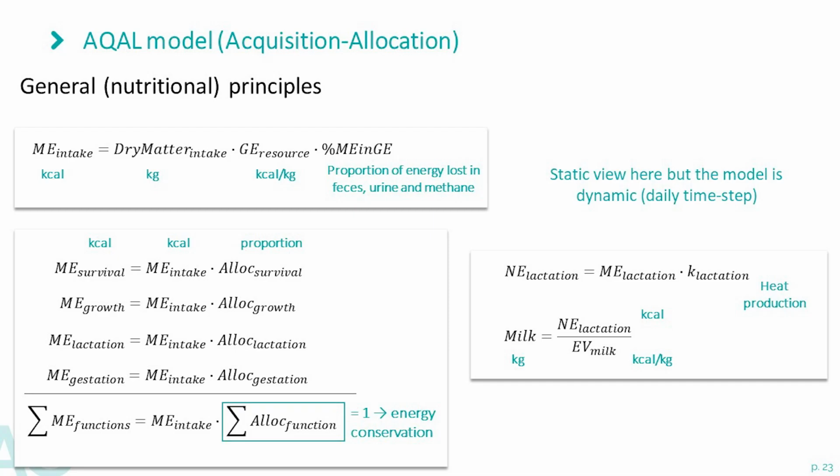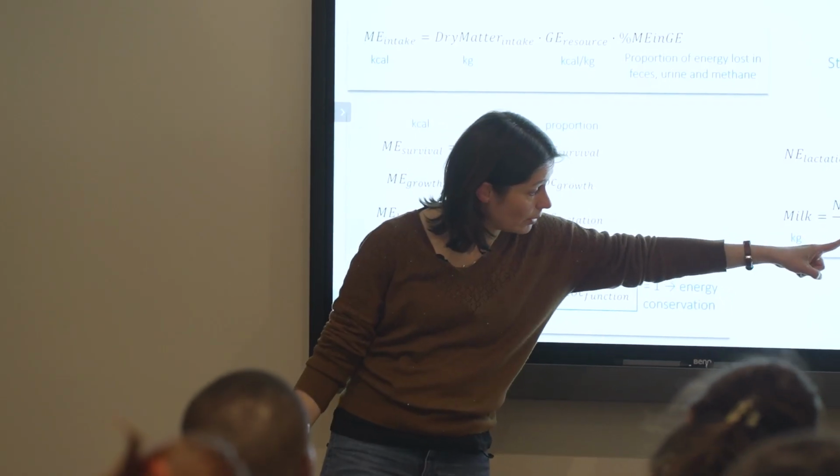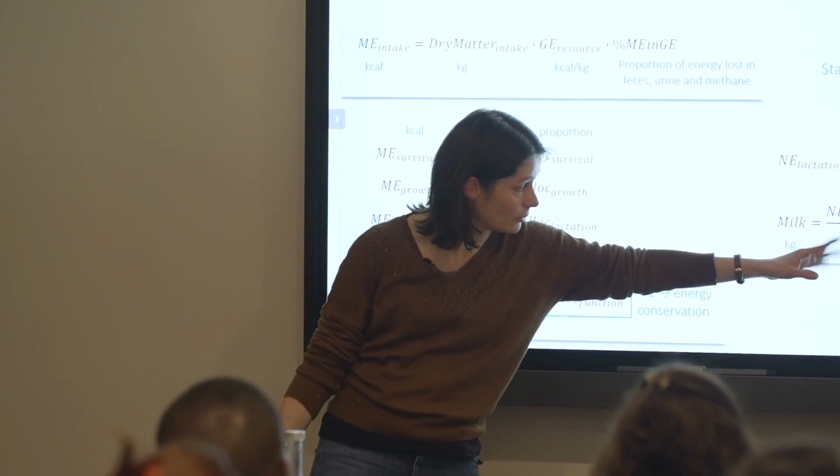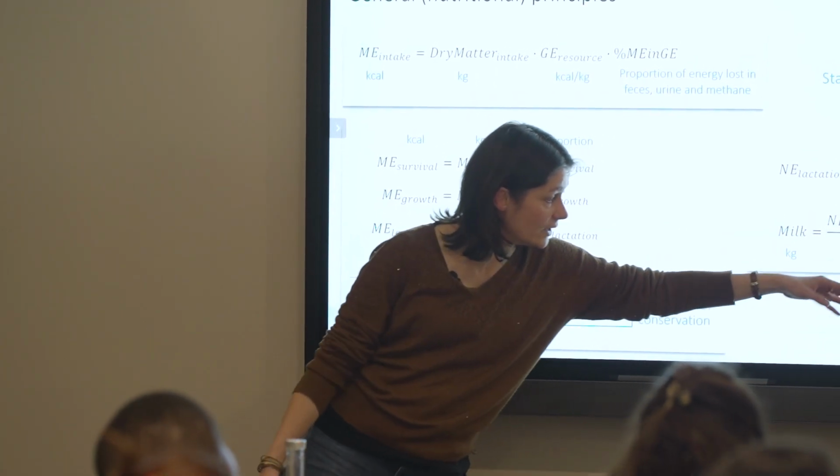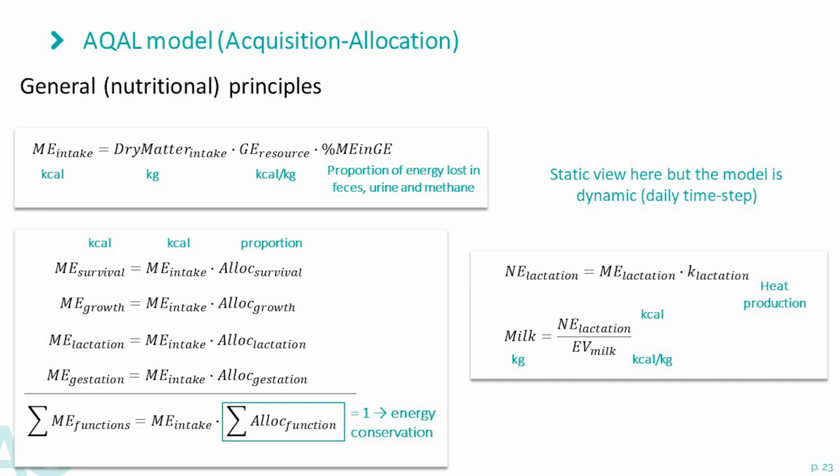And then, if you want to compute milk, because in the end we want to simulate milk production, you just divide the net energy that you allocate to the function by the standard value of 1 kilogram of milk. So kilocalories divided by kilocalories per kilogram gives you kilograms. So this is the whole chain of things to move from dry matter intake to finally milk.